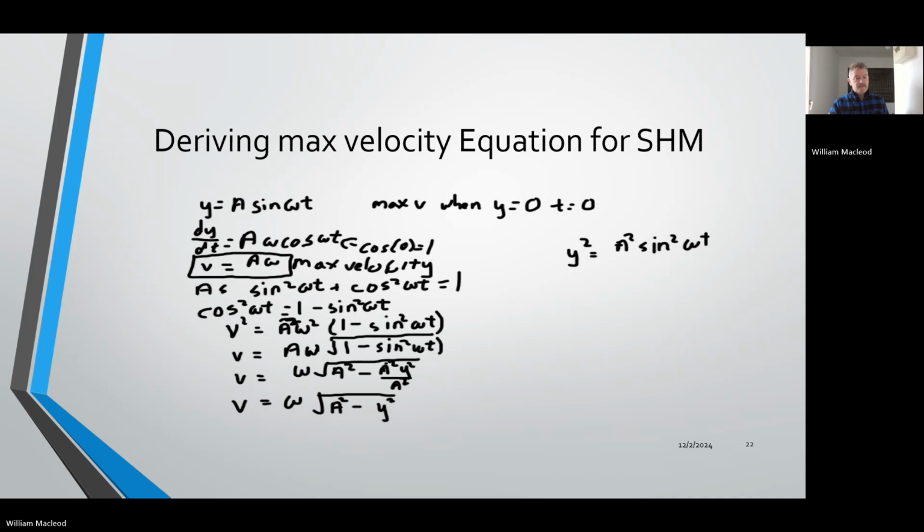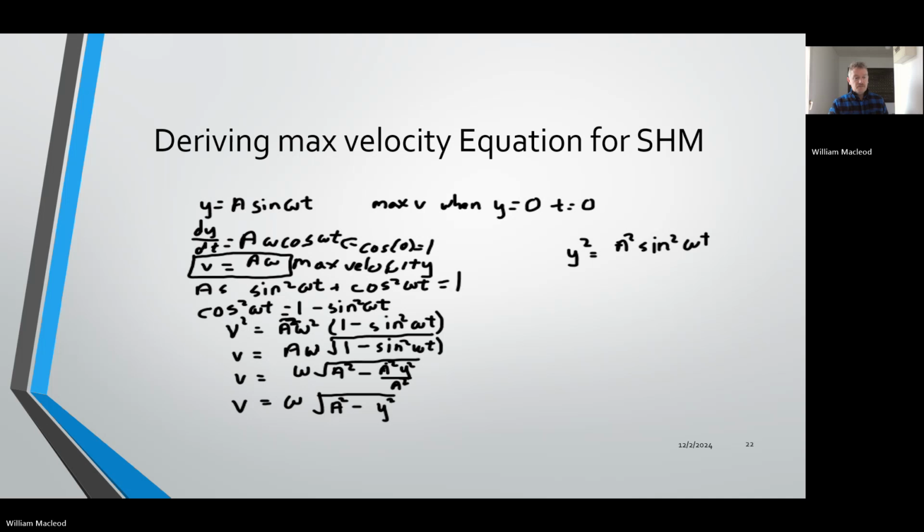So we do dy over dt, which we've already done in the previous slide, which is amplitude times angular frequency times cos of angular frequency times time. If time is 0, cos 0 is 1, so velocity is equal to a times angular frequency.